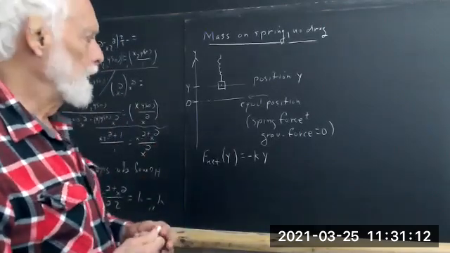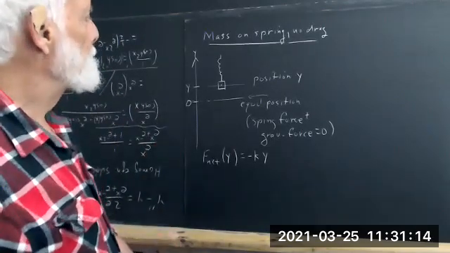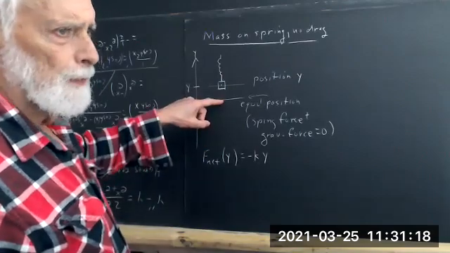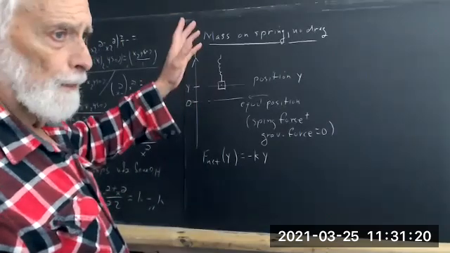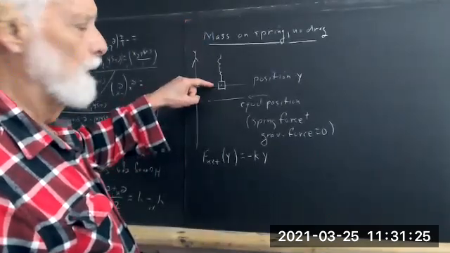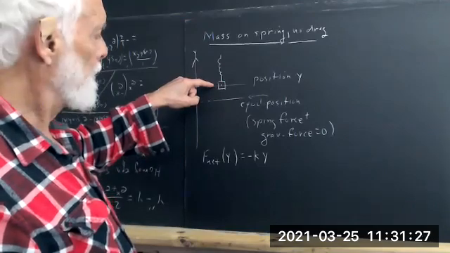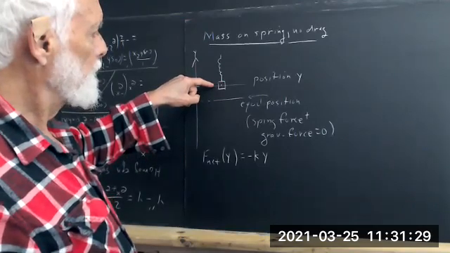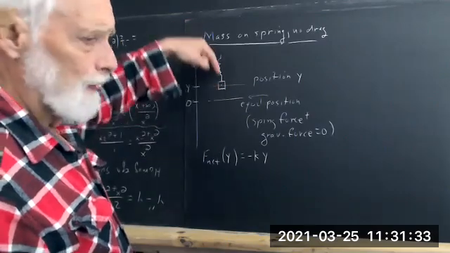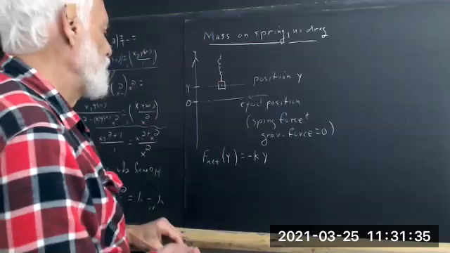Again, you can sort that out. Whatever the spring's doing, well, the spring here is pulling up harder than it is when the spring is here. So the gravitational force, which hasn't changed, gives you a net downward force.